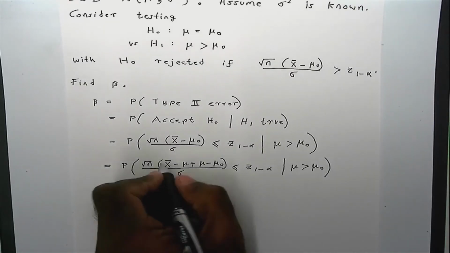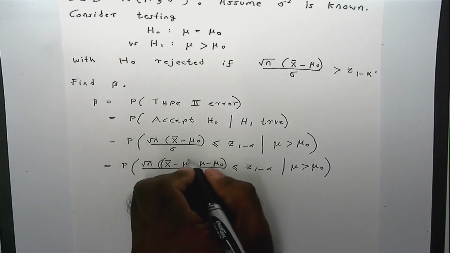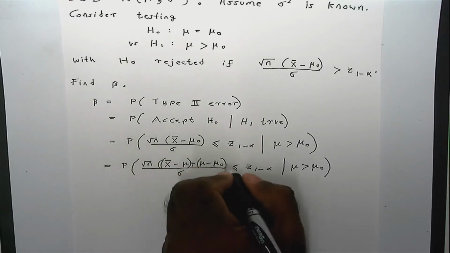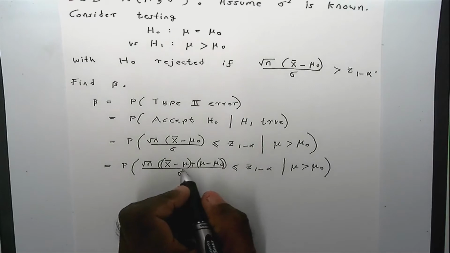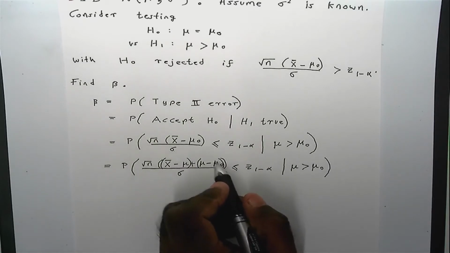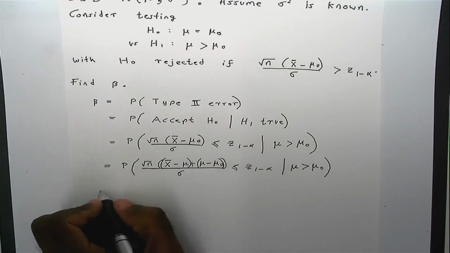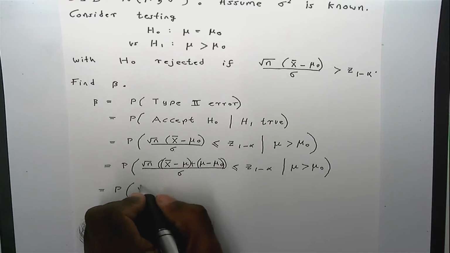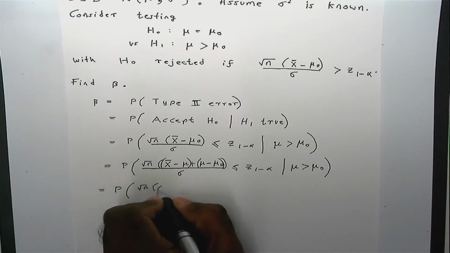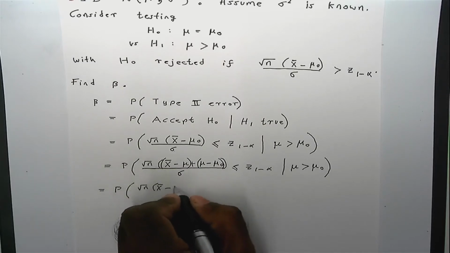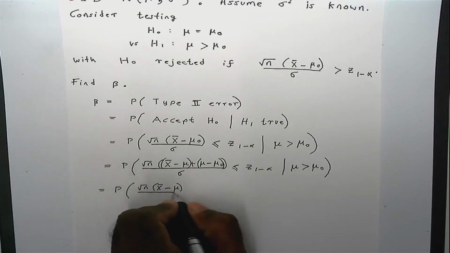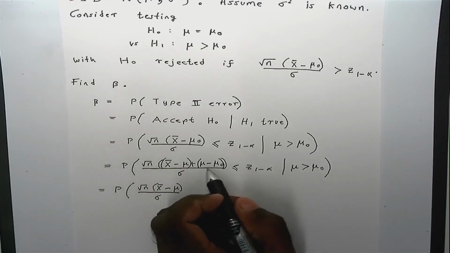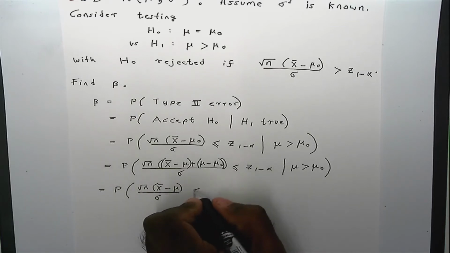And now I'm going to group these terms like this: x bar minus mu in one term and mu minus mu 0 in another term. And then I'm going to take the second term to the right hand side.